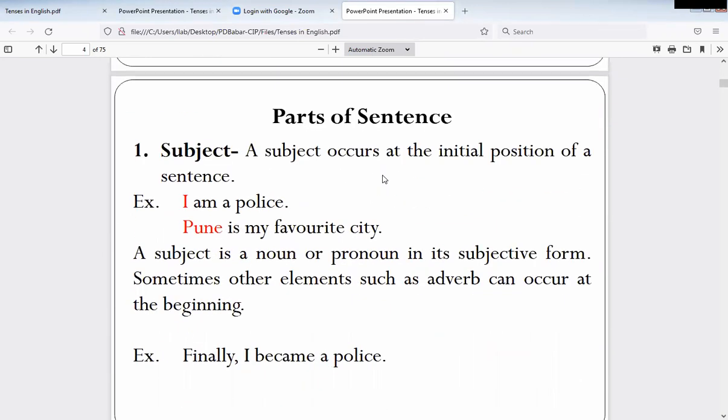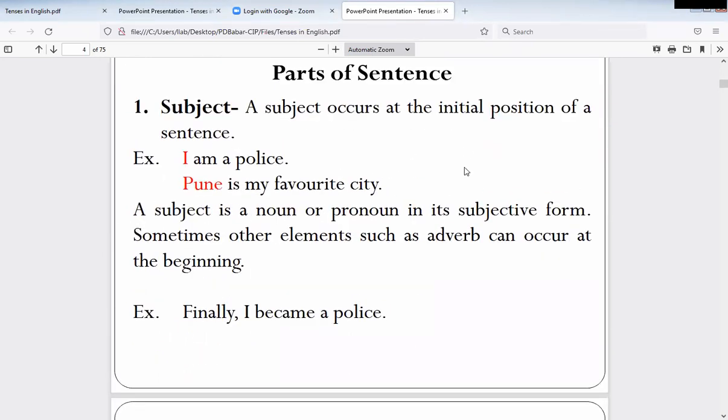And we discussed the first part, that is the subject, in the last lecture. The subject occurs at the very initial position of a sentence. For example, let's take the example: I am a police.